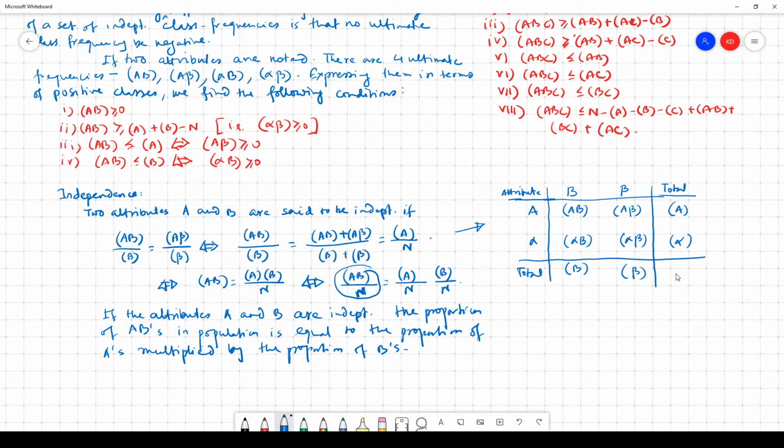And this is capital N. This is the definition of when two attributes are independent. The proportion of AB is equal to the proportion of A times the proportion of B.